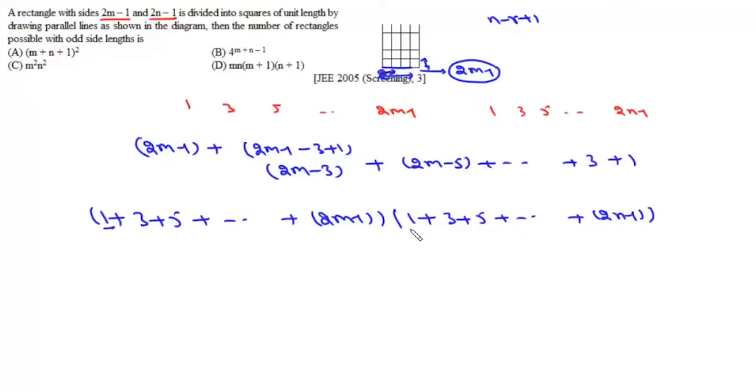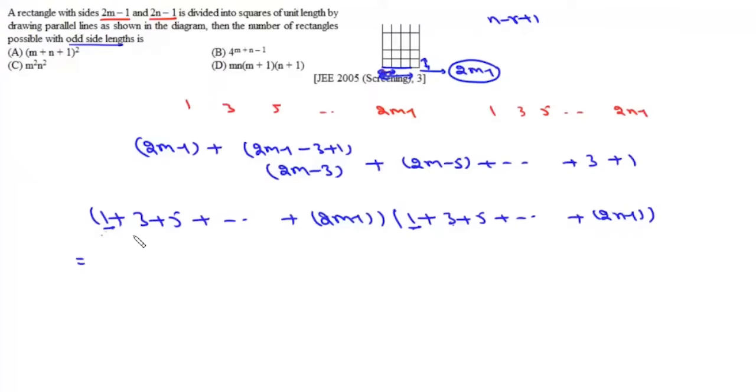Now we multiply them, and it represents all the possible combinations of choosing a rectangle of odd sides. 1 multiplied with 1 is a rectangle of 1 unit by 1 unit, 1 into 3, 3 into 1, 5 into 3. So this product covers all the possible rectangles of odd side lengths.